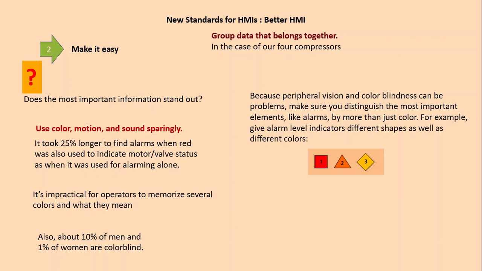To handle this situation, you might use some shape along with the color, like red with a square, triangle with orange, and diamond with yellow. To better this design, you can even put a mark inside that symbol.